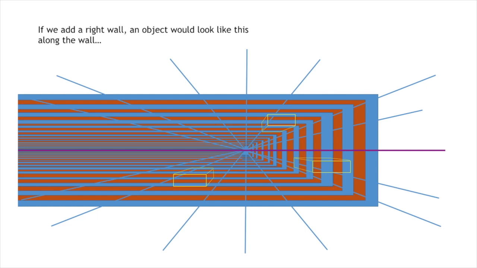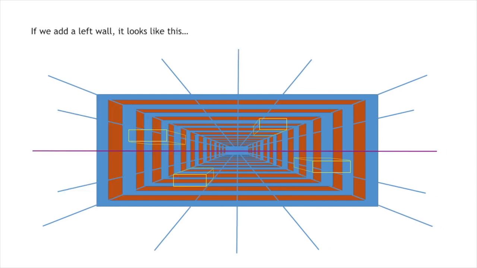So now we have something on the floor, something on the ceiling, something on the right wall, and something on the left wall now within our corridor. So we went from potential objects with no ceiling, no walls, to now objects with the walls in view, and you can see how they would align themselves with or without the walls.